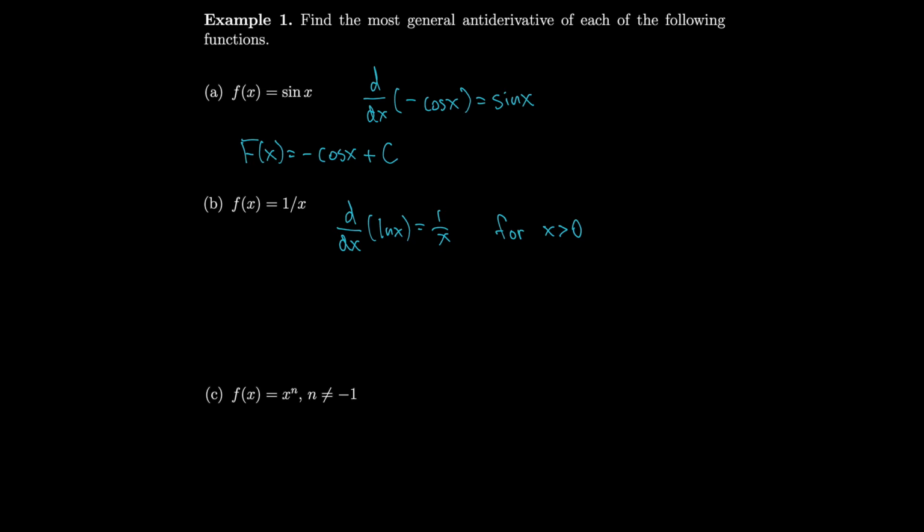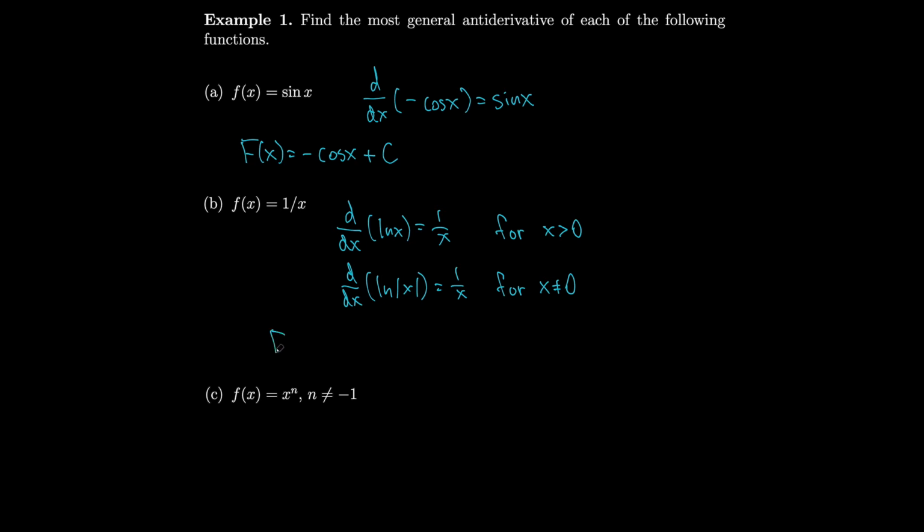But remember, we have another function whose derivative is also 1 over x, and that's the natural log of the absolute value of x. ln absolute value of x also has a derivative of 1 over x, and that applies to every possible x value that's not 0. So we can plug in negatives there too.